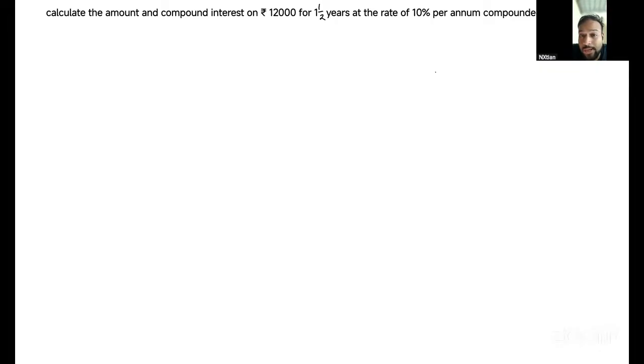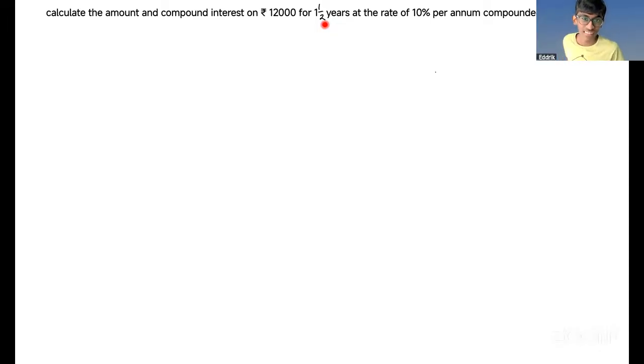Compounded annually. Now the problem here is that this is compounded annually, not compounded semi-annually, so we cannot write the n values that way. And the years is also not full. It's 1.5 years, not 2 years.